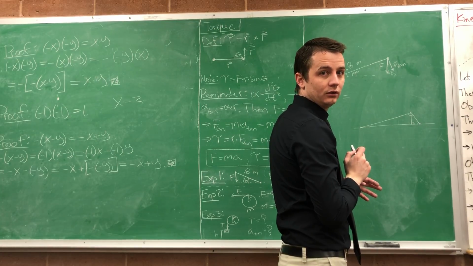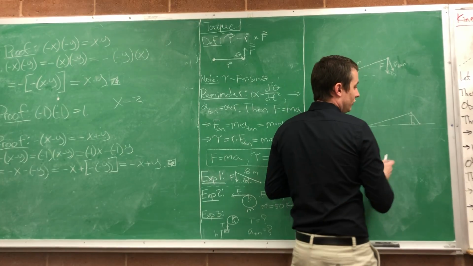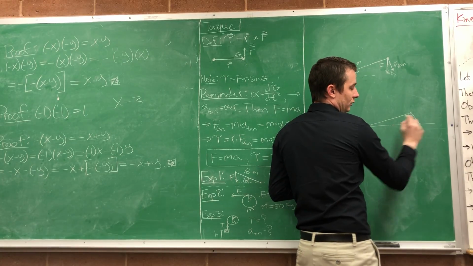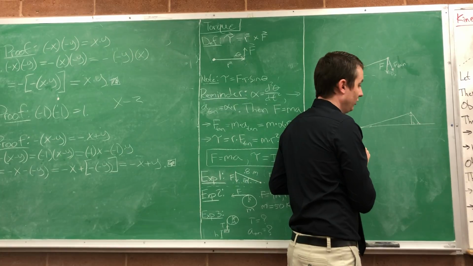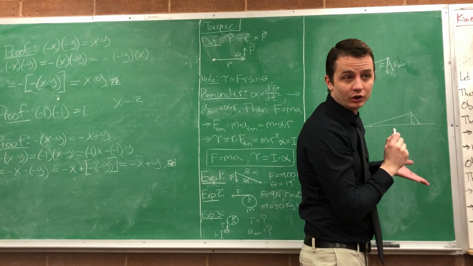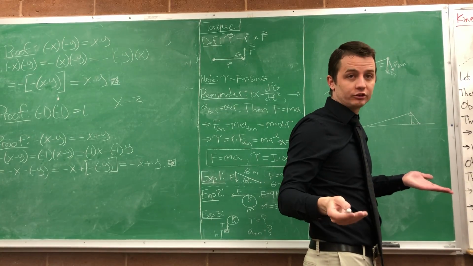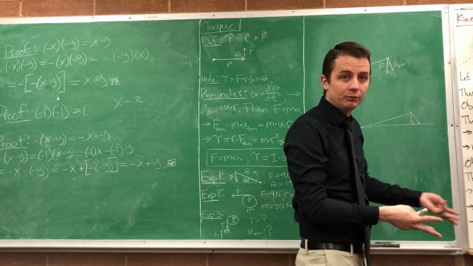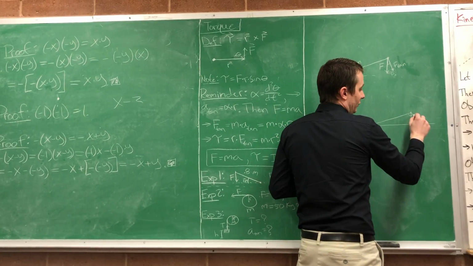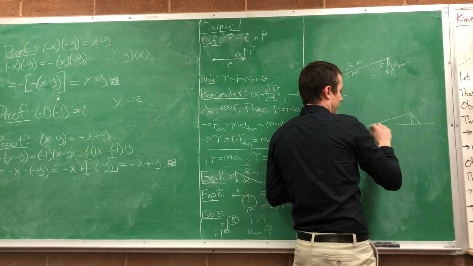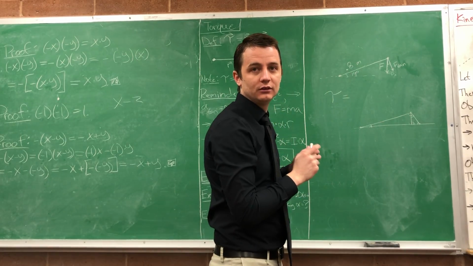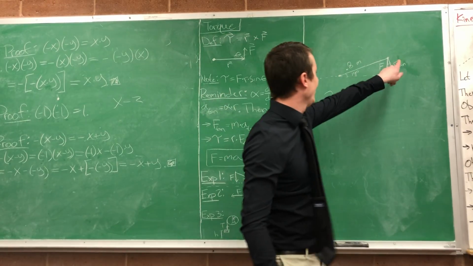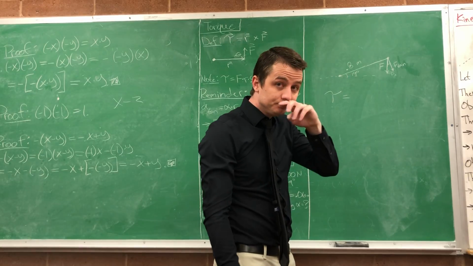This little teeny triangle and the whole triangle both use this angle for one of their angles. So they have to be similar. If you have two angles the same, two triangles are similar, because the sum of their angles is 180. If they have two angles the same, the remaining angle also has to be the same. So the remaining angle, this, is the same as the remaining angle, that. So that angle is the same as that angle.